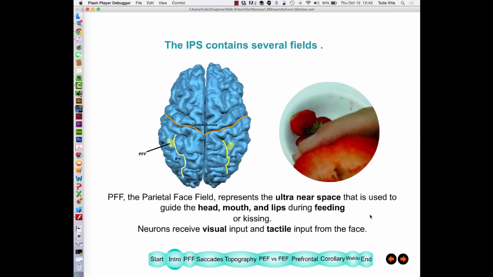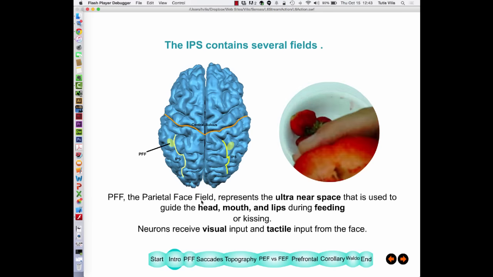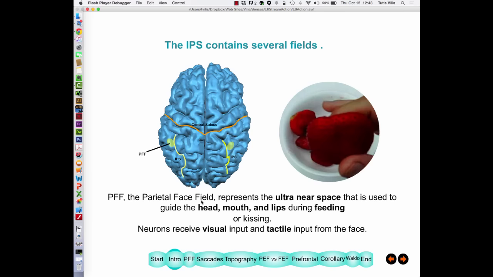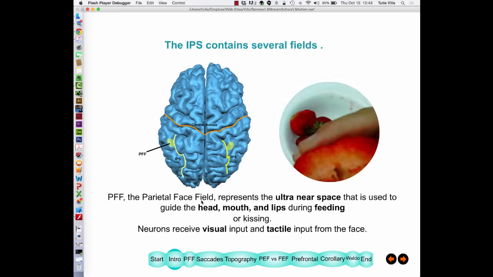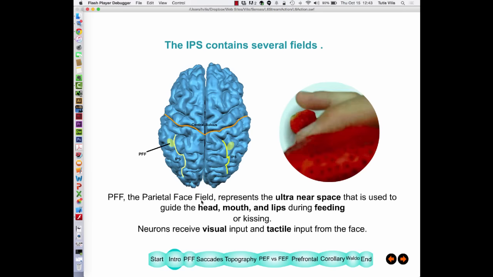And then we have an odd-sounding structure called the parietal face field. You might not have thought of something like this, but it is actually very important. It's involved in feeding, something we do every day many times.